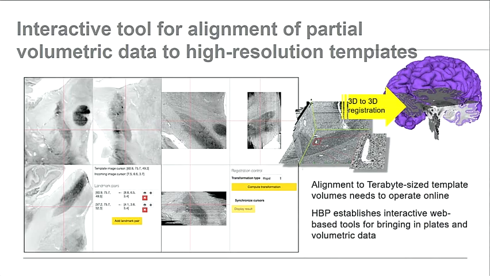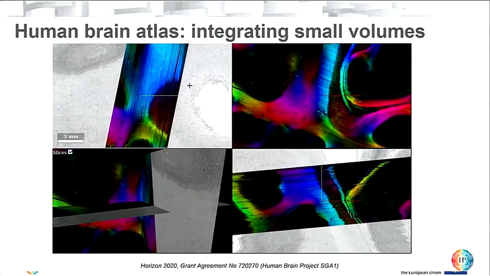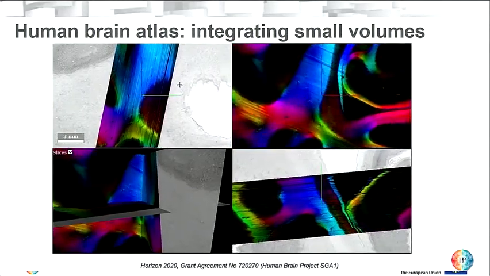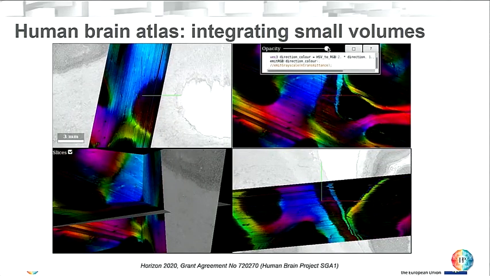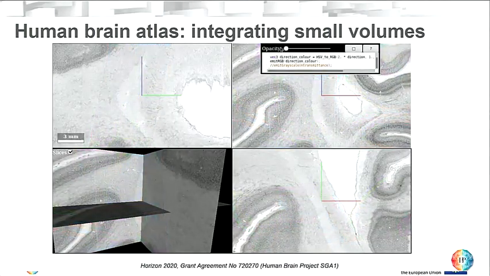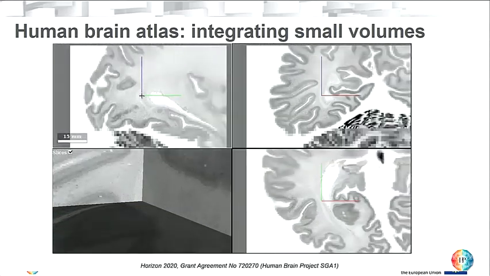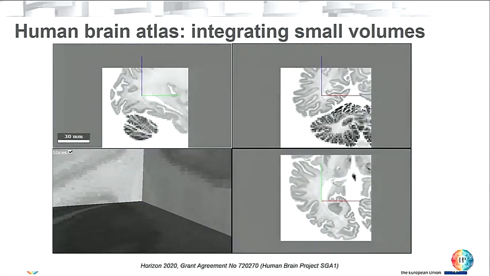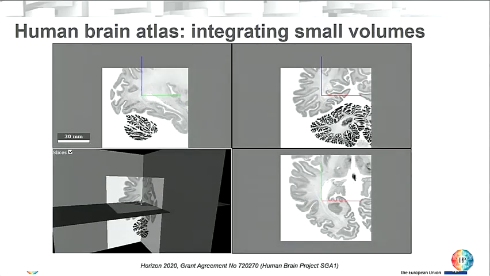And this is done by a very nice tool, which is now also available. It allows, for instance, to register data coming from ultra-high resolution imaging, like 3D polarized light imaging, in the context of the so-called BigBrain data set, which is one of the templates that is supported by the Human Brain Atlas.